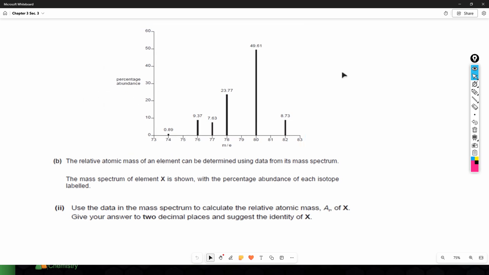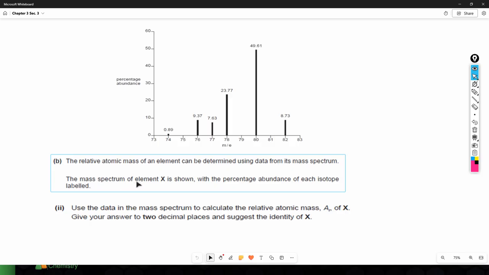They give you a percent abundance, and we can tell here we have those percentages at the top of each peak. What this does is that it makes it easier for you to not have to pull out a ruler and try to guesstimate what these abundances are based on this very lacking y-axis, which only has every 10 marked. So they give you the abundances, and it says the relative atomic mass of an element can be determined using data from its mass spectrum.